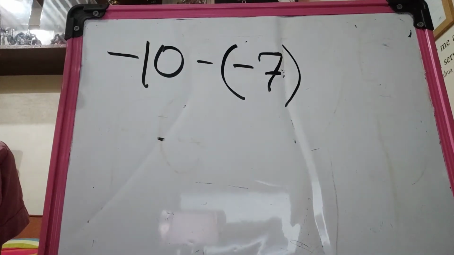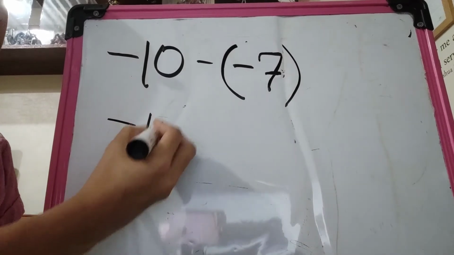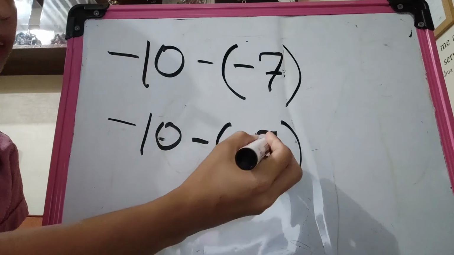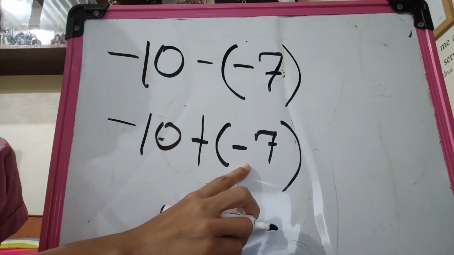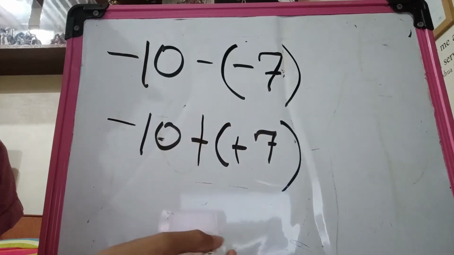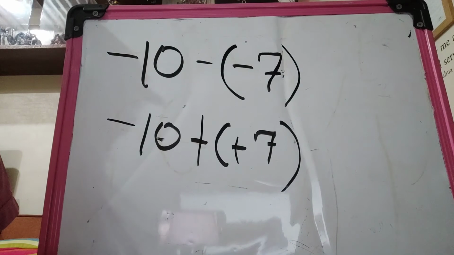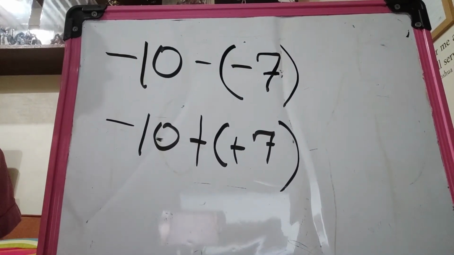So this time, our example would be negative 10 minus negative 7. We have here, change this to addition, and from negative, the subtrahend, change it to positive. Now proceed to the addition rule, negative 10 plus positive 7. They have different signs because this is negative and this is positive.